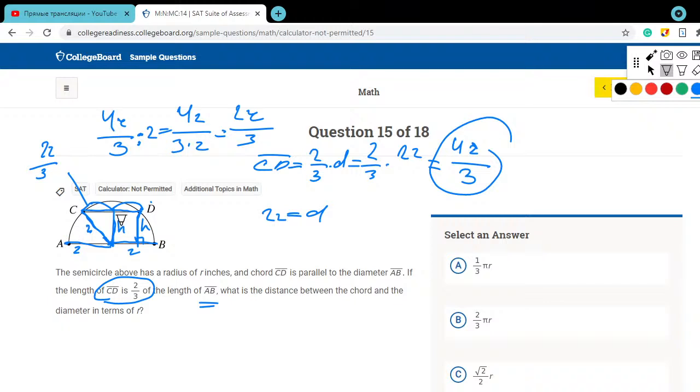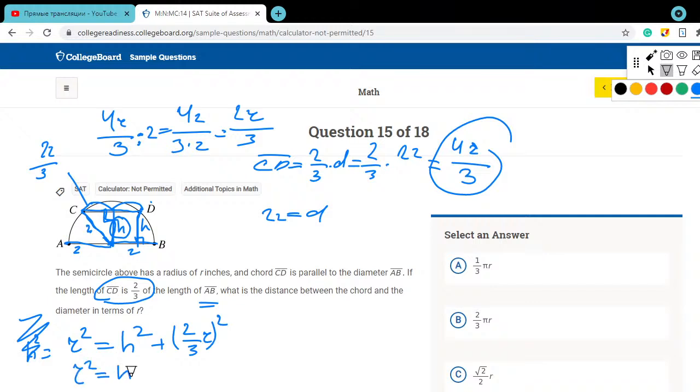We need to find this, and this is a right triangle. Using Pythagorean theorem we can find it. We write r squared equals sum of the squares, h squared plus (2/3 r) squared, so r squared equals h squared plus 4 divided by 9 r squared.